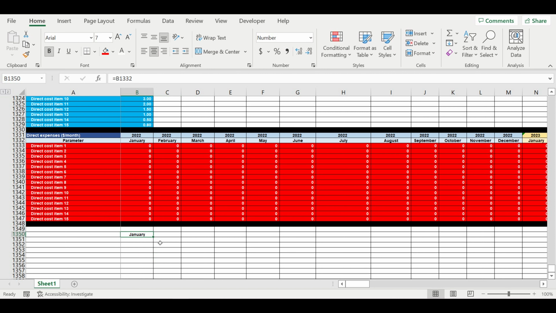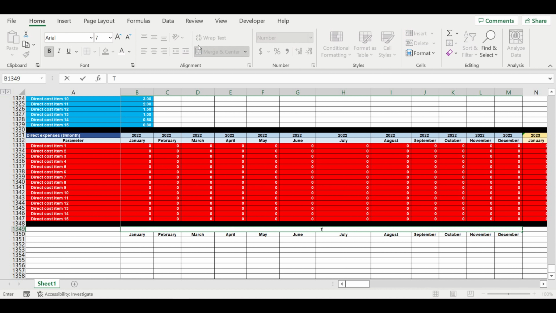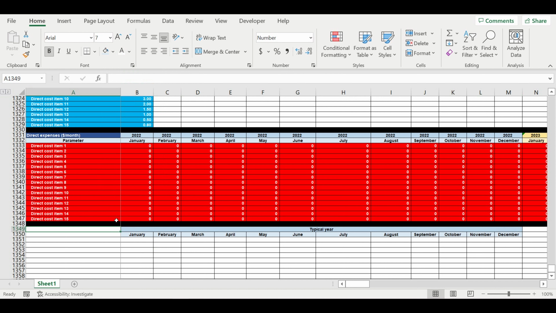Like this. So here, fixed costs. Here we will place our fixed cost items.